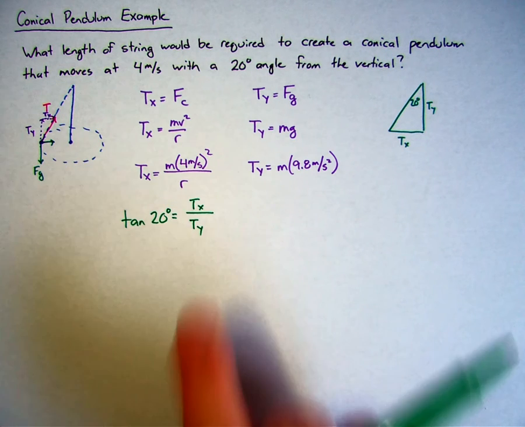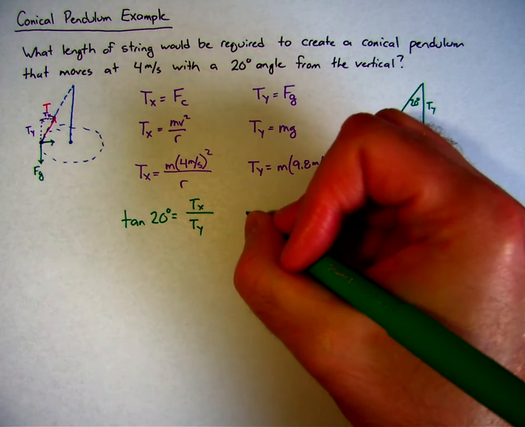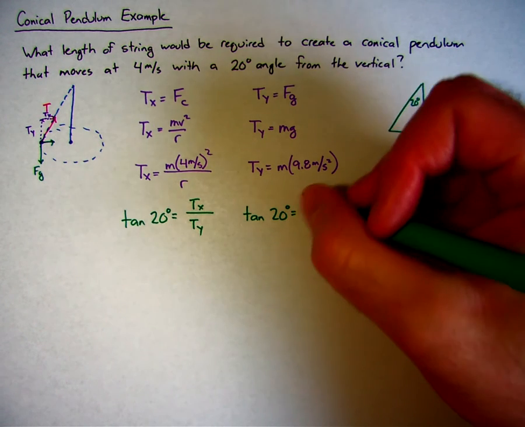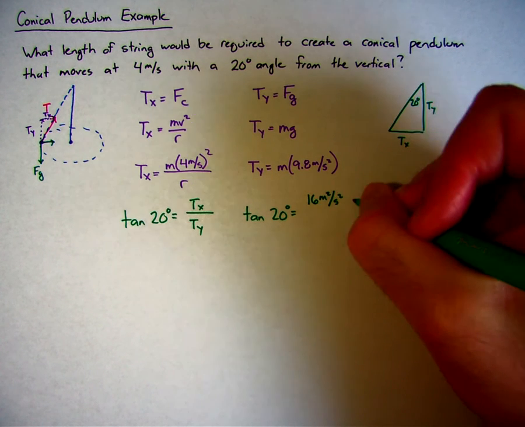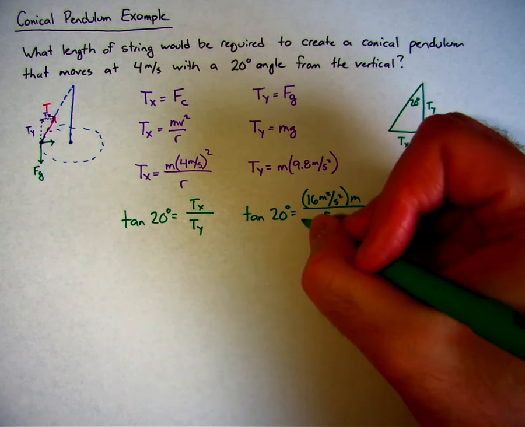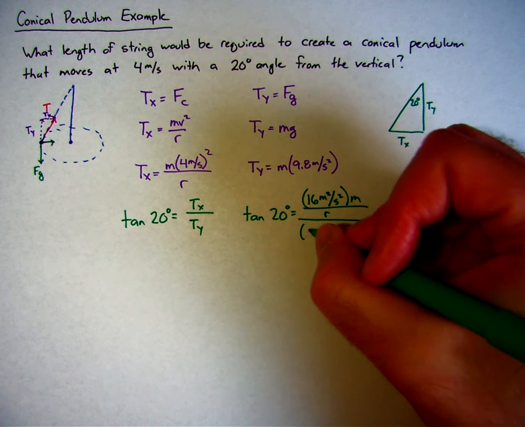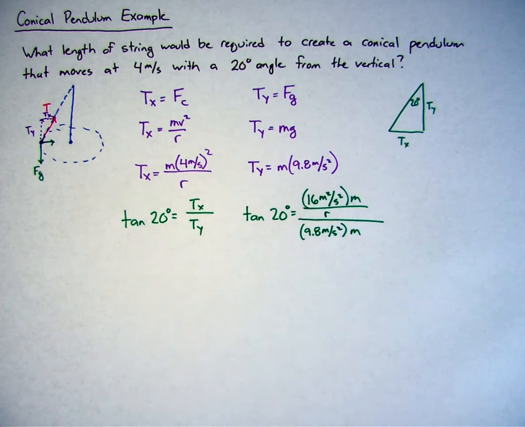Now that I have these reduced as much as I possibly can, I'm going to substitute them in. So the tangent of 20 degrees is equal to, if I put Tx on the top, 16 meters squared per second squared times m divided by r. That entire thing divided by 9.8 meters per second squared times m. And if you look at what happens here, the m's cancel out.